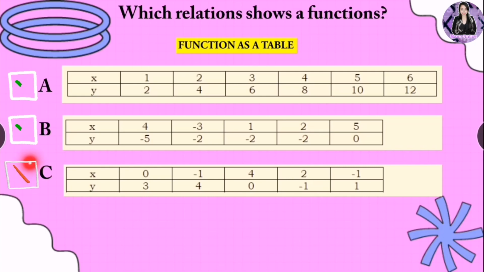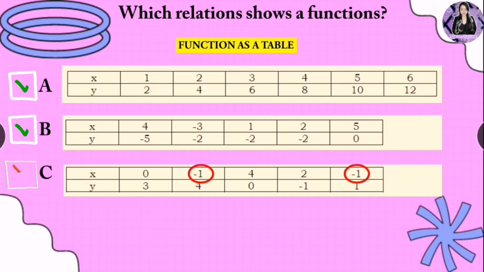Unlike in table C, we have 0, negative 1, positive 4, positive 2, and negative 1, which means negative 1 corresponds to two values, positive 4 and positive 1. So, A and B are functions, but C is not a function.